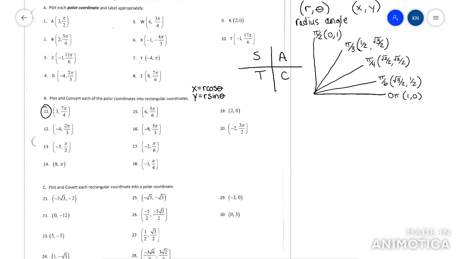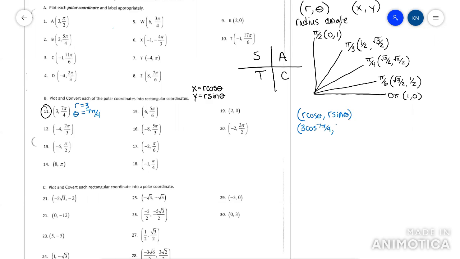Because what's going to happen is you're going to need to identify the r and the theta for each of these. And then in order to make them like an xy coordinate, you go like this. You go r cosine theta, comma, r sine theta. So r was 3, so it'd be like 3 cosine theta was 7 pi over 4.